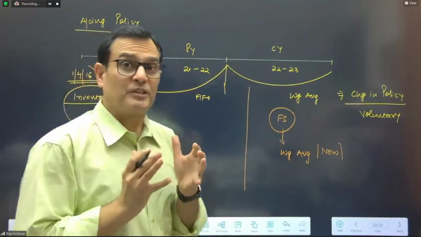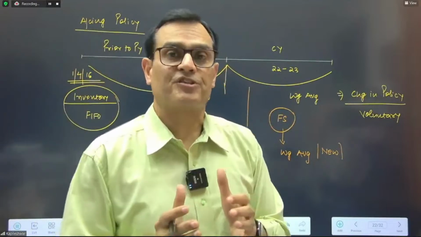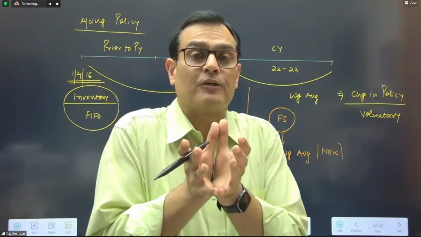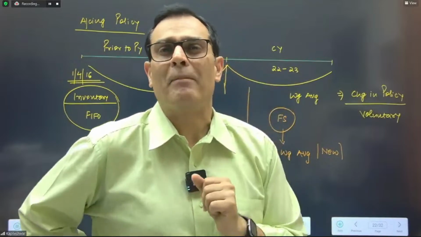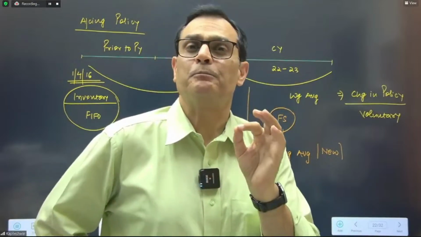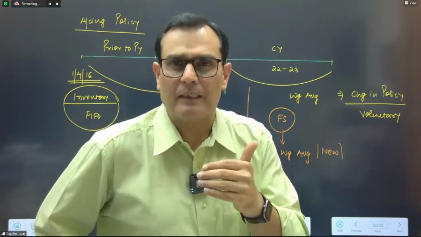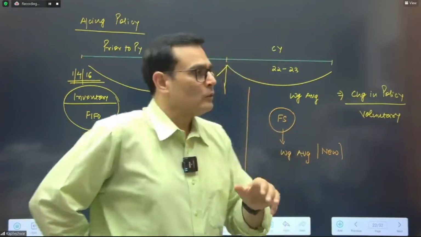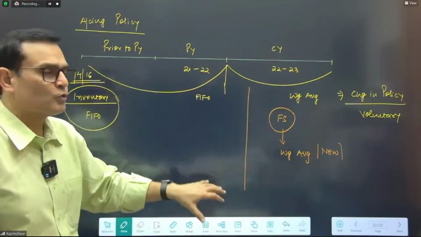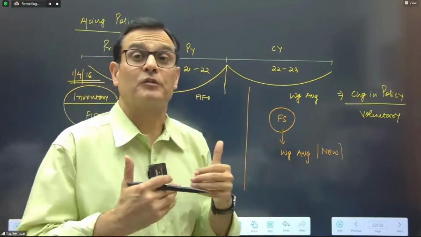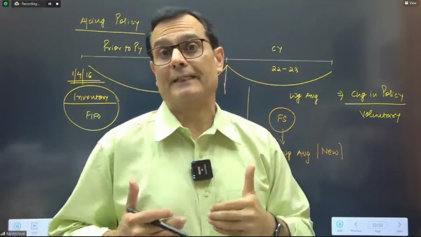When a company presents financial statements, it needs to present financial statements for the current year, and it needs to present a comparator, and that is the previous year's financials. Every company in a practical scenario will present the financial statements for the current year, and they are also going to present the financial statements for the previous year as comparatives.